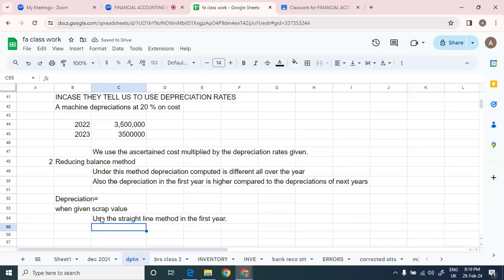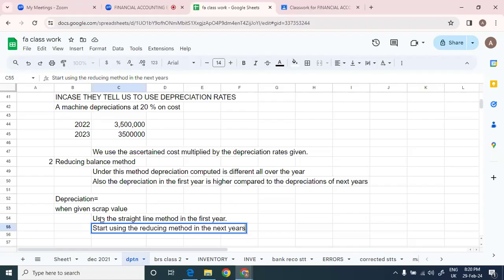Secondly, start using the reducing method in the next years.